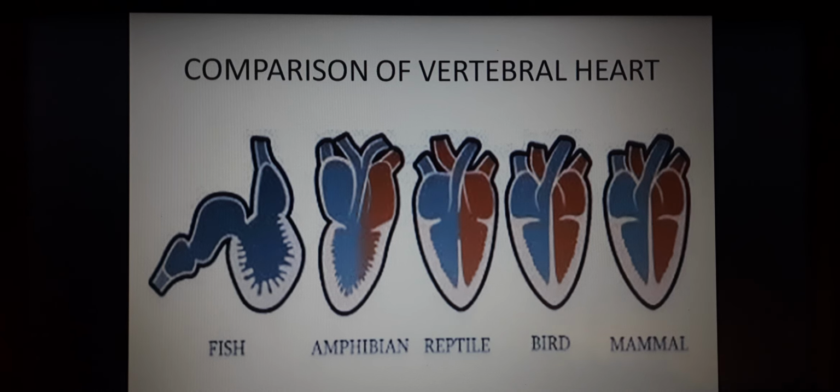Up to the incompletely four chambered heart, the organisms are mainly poikilothermic or cold blooded, where the pure blood and impure blood are mixed up.